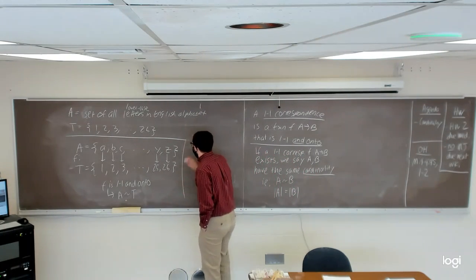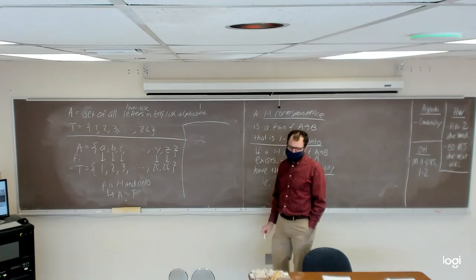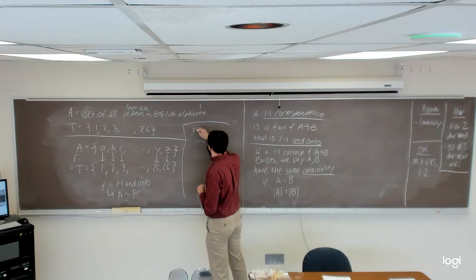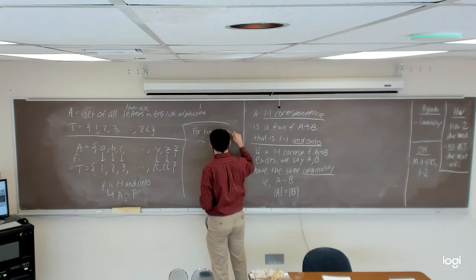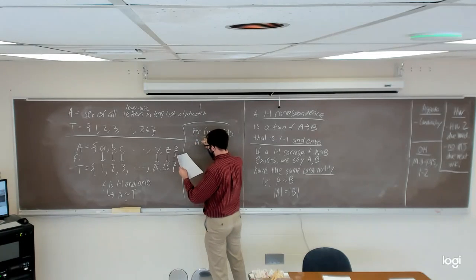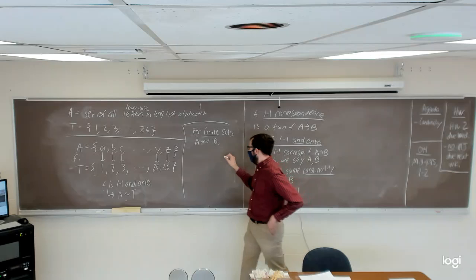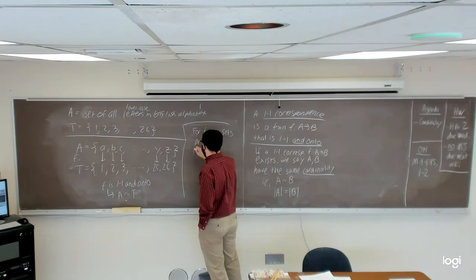So here's a question. Let's say A and B are two different finite sets. What has to be true about A and B if A and B have the same cardinality?